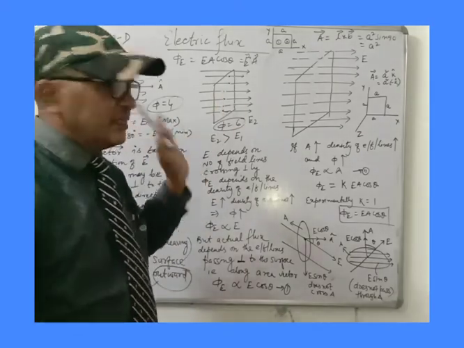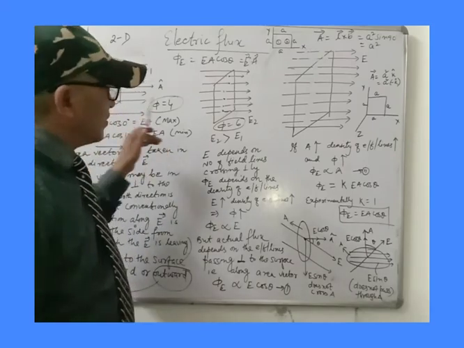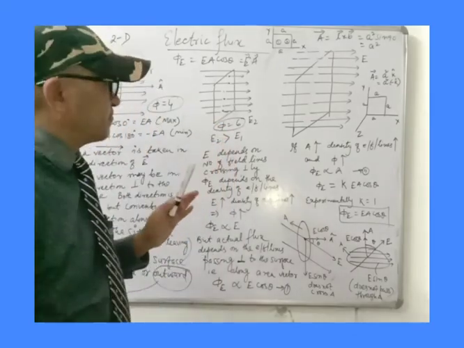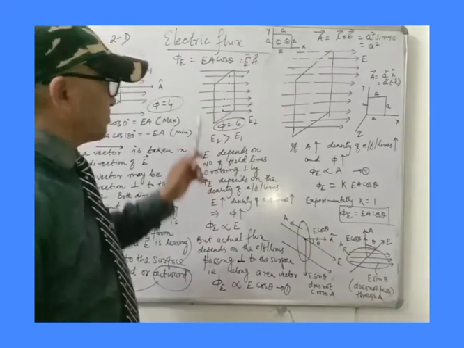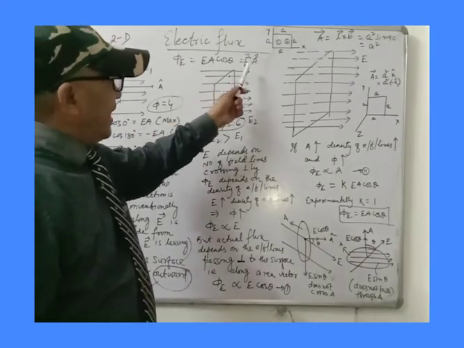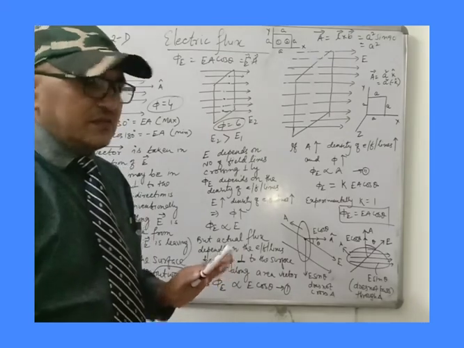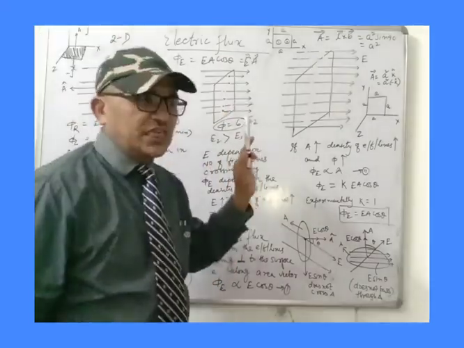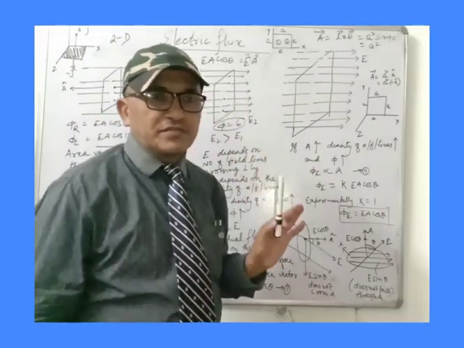What is E? E is the electric field present over there, passing through the given surface, maybe an open surface or maybe a closed surface. And what is A? A is the area vector. One important aspect of area that I want to share with you is that area is a vector quantity, my dear students.